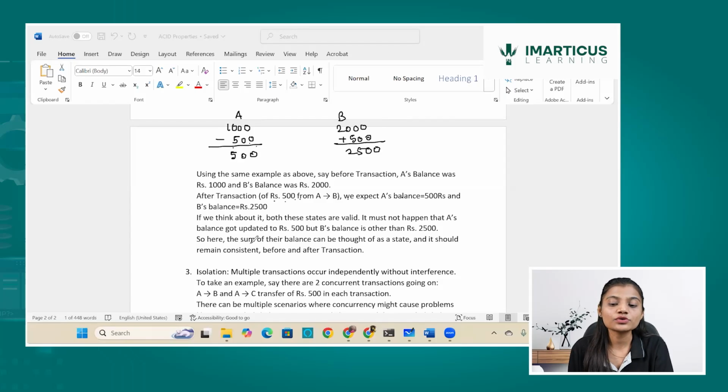The sum of their balances can be thought of as a state, and it should remain consistent before and after the transaction. If it was debited but never credited, it will be only 2,000, and that's not a consistent state. That is what your transaction management system will help me check and look out for, and then based on that it will try to make it consistent.